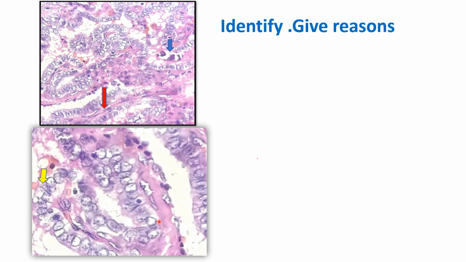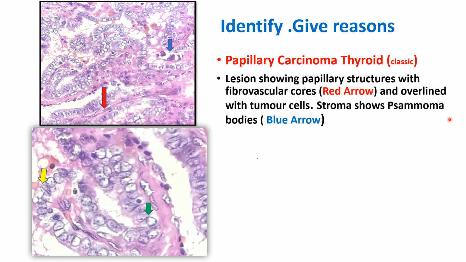This is known as intranuclear inclusions. Here you observe nuclear overcrowding or overlapping. So papillary carcinoma of thyroid is the diagnosis of this case.